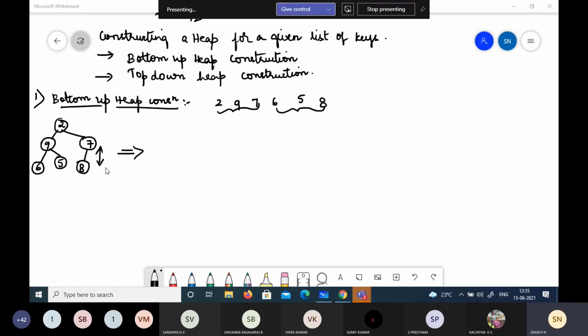Suppose you had one more 9 here, then we would have exchanged it with 9. As we have only one child, we are exchanging these two. Okay, so that's the second point. The algorithm exchanges the node's key with the larger key of its children, and again it will check whether parental dominance holds good whenever I exchange.